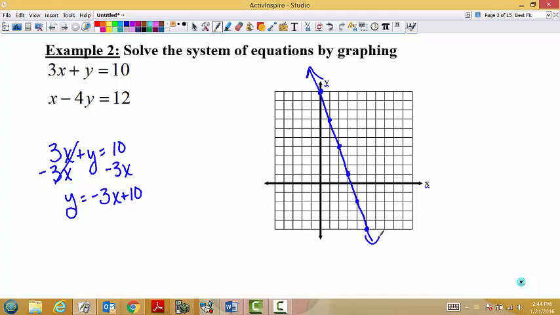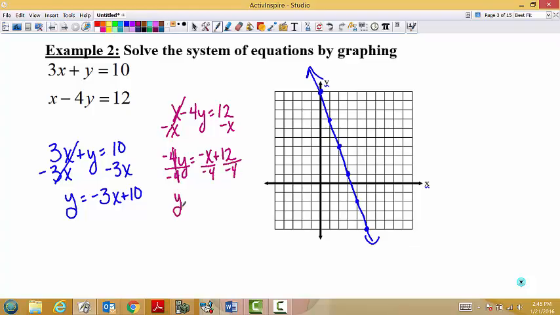Okay. And then I have x minus 4y equals 12 minus x. So -4y equals -x plus 12. And then I would divide by -4 all the way across. So y, a negative divided by a negative, is a positive, and that's 1/4 x.